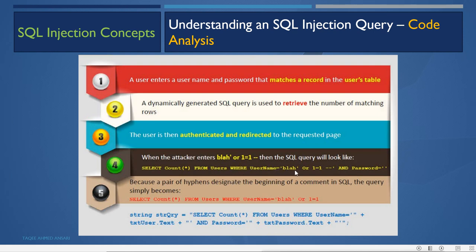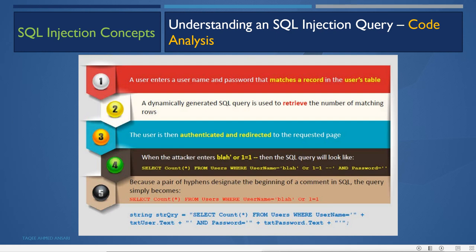Now if you see what it is doing here, it is adding a fake name, then including the OR operator, and then making this extra condition here. Then it becomes this, and password is equal to whatever, because it is giving blank.